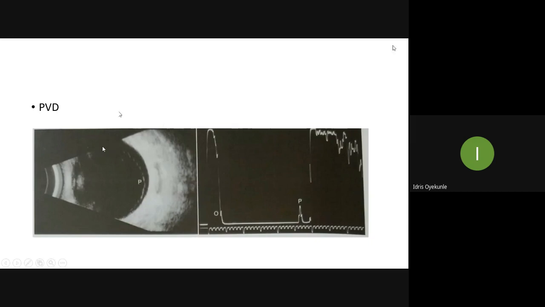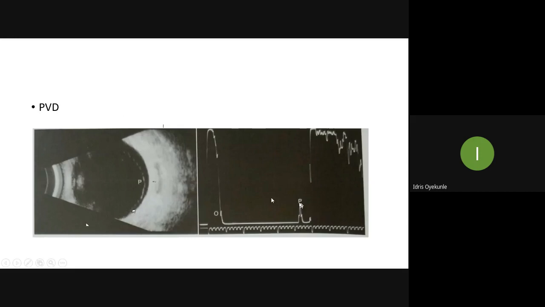So we can see this thin hyperechoic line here, very close to the posterior edge here, which represents the retina. And then when we combine it with the A scan, it shows a very low reflective spike. It's a thin, low reflective spike.